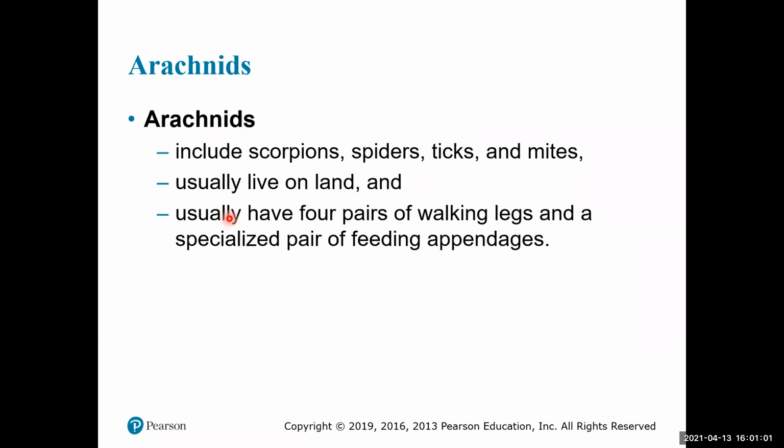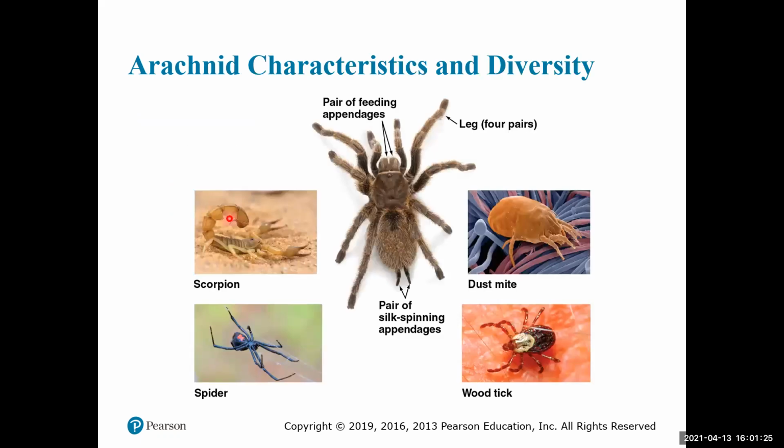Okay? And so the first group we're going to look at in arthropods are the arachnids. So this is your scorpions, your spiders, your ticks, and your mites. These are usually terrestrial, although there are some aquatic species. They typically have 4 pairs of walking legs and then a specialized pair of feeding appendages at the front of the mouth, right, that help them bring that food into their mouth.